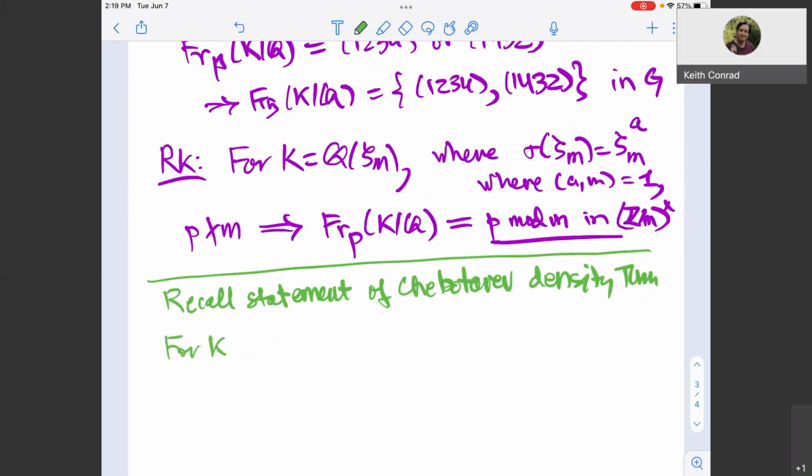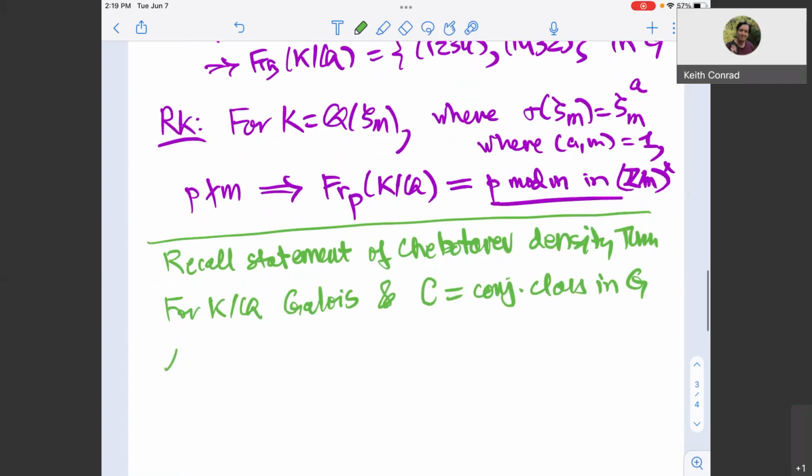If I have a Galois extension and a conjugacy class, call it capital C for some reason, then I'll write pi sub C of x for the size of the set of primes up to x whose Frobenius conjugacy class is this chosen one.